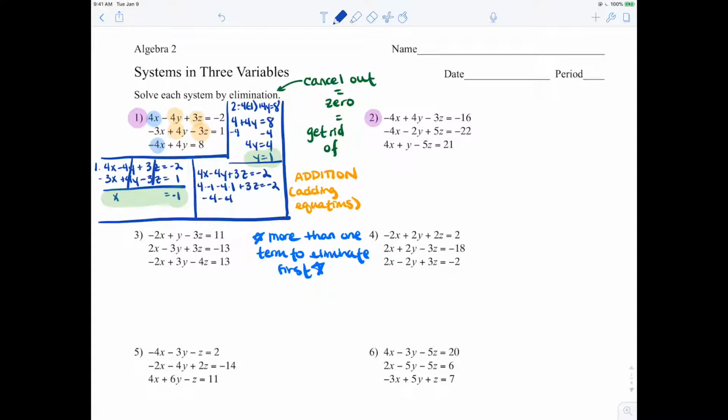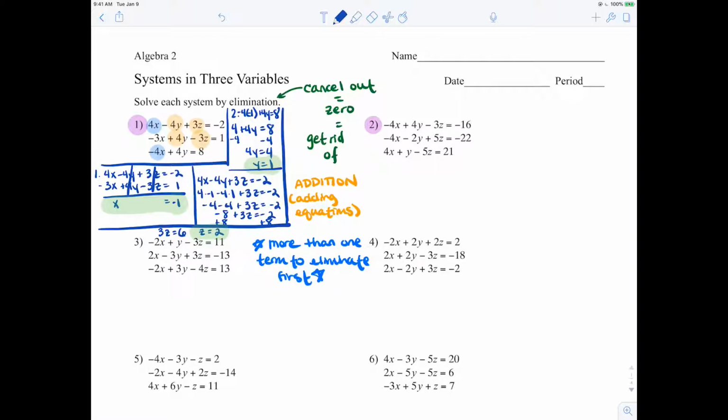Negative 4 minus 4 plus 3z equals negative 2. And this is negative 8 plus 3z equals negative 2. And so I would add 8 to both sides, leaving me with 3z equals 6. So 1z equals 2. And that's the last part of our solution.